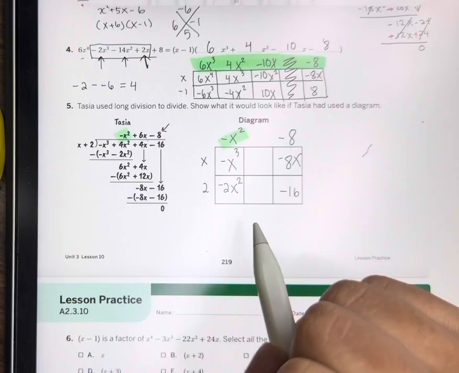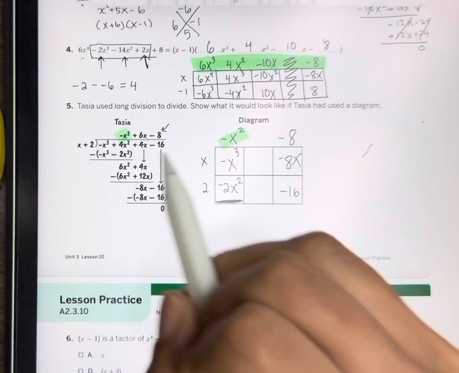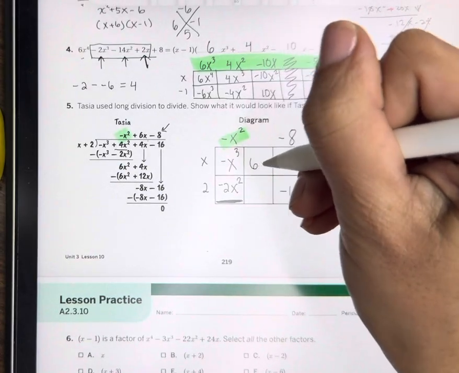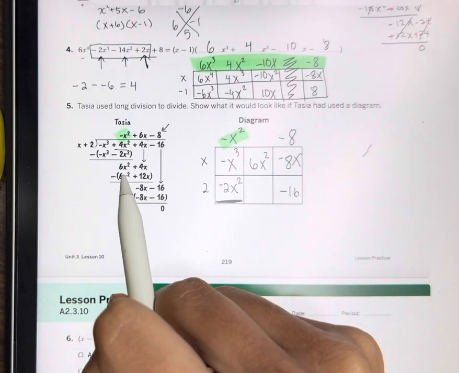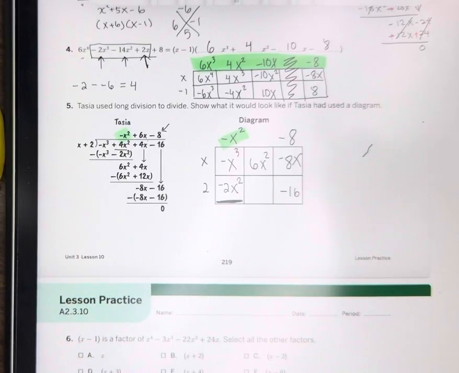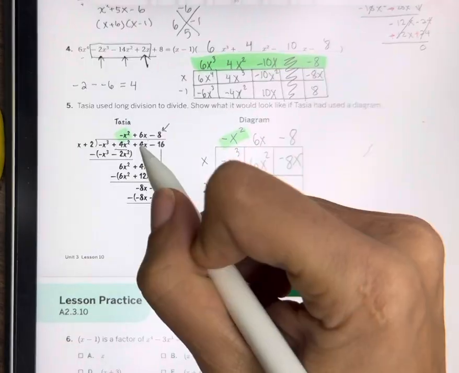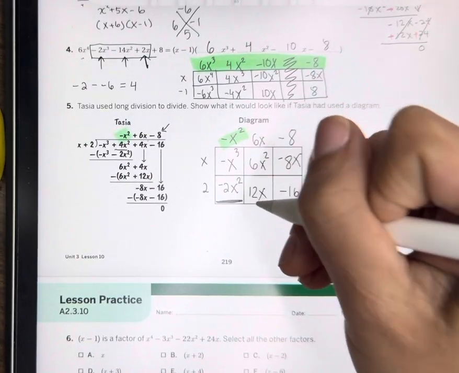And now, going to my method, we have a negative 2x squared. What we want is a positive 4x squared, which means I need to add another 6x squared to it to make it happen. So the 6x squared results in a 6x needing to be here, and then the 6x times the 2 gives me the 12x here.